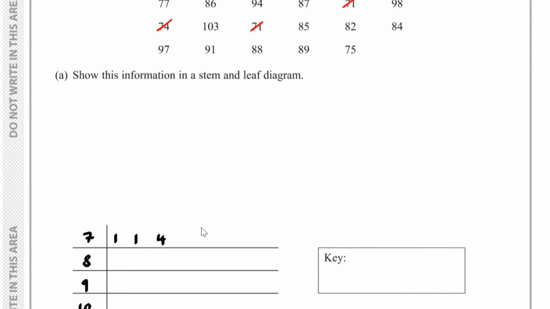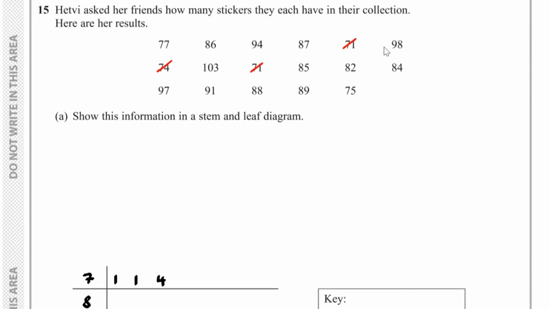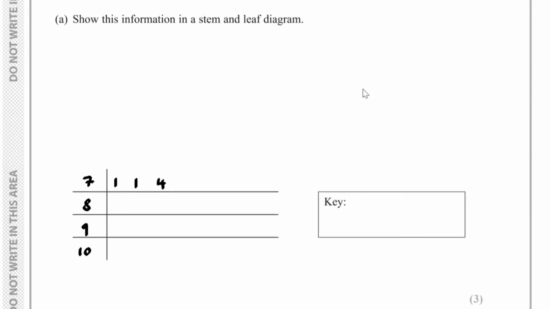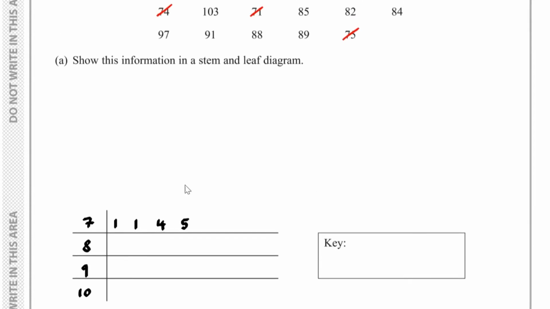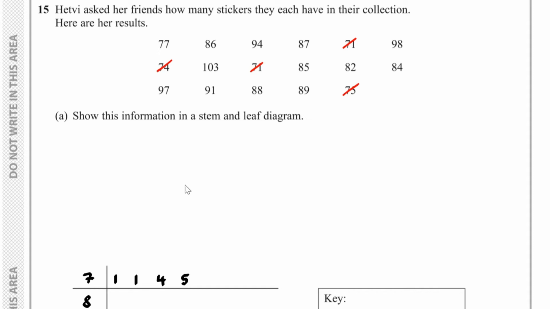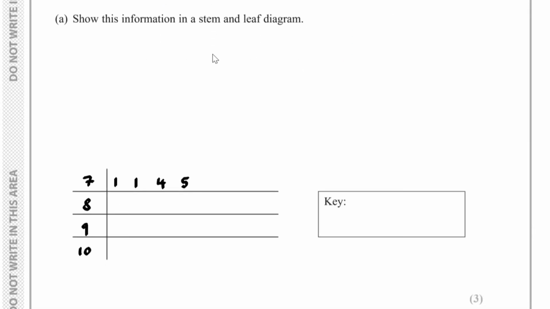The next smallest is the 75. The next smallest is the 77. So that's all we have for the 70s.